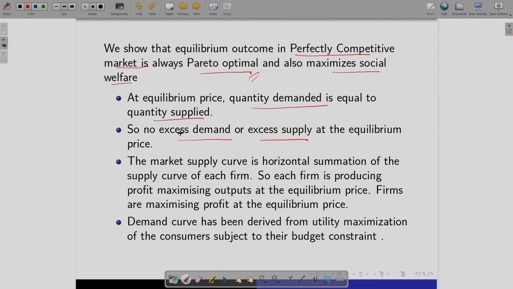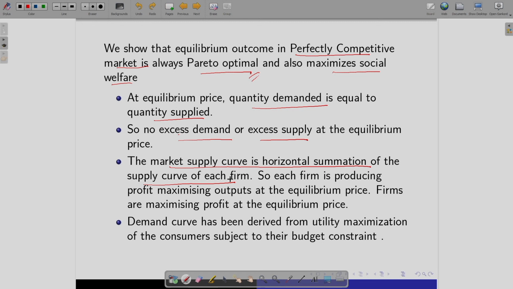And what is market supply? It is the horizontal summation of the supply curve of each firm. So, if we are at a point on the market supply, it means we are also at some point on the supply curve of each firm. How have we derived the supply curve of each firm? We have derived it from maximizing profit, taking the price as given.